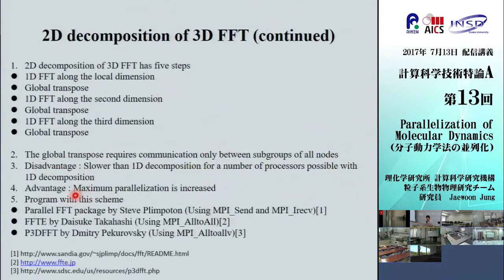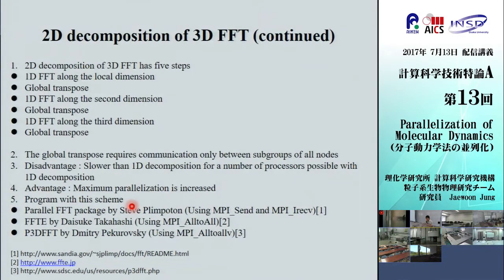So the good thing is that you can increase the parallelization by increasing the number of processors. But the problem is that if you just want to use a very small number of processors, then this is definitely slower than slab decomposition because the number of communications is twice. So this is used in many FFT programs, and also this scheme is used in many MD programs.